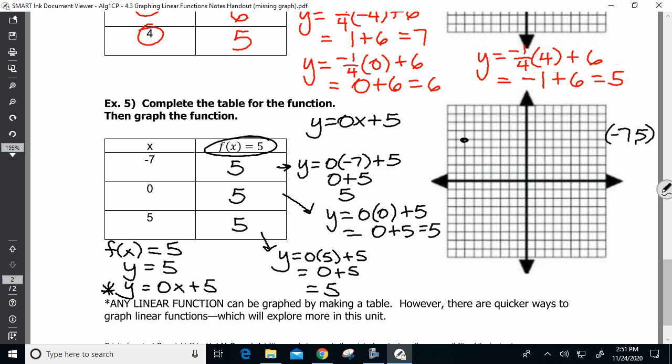Second number is 5. 1, 2, 3, 4, 5. And then your third point is 5, comma 5. Go to the right 1, 2, 3, 4, 5. Go up 1, 2, 3, 4, 5. And draw your line.